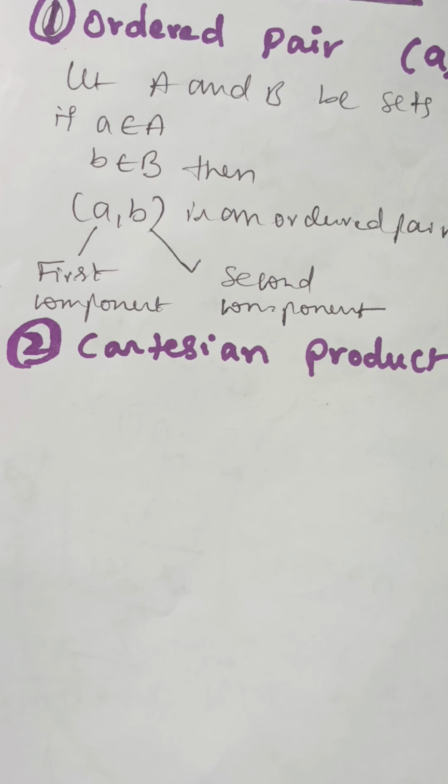Second one, Cartesian product. The set of ordered pairs is called a Cartesian product.